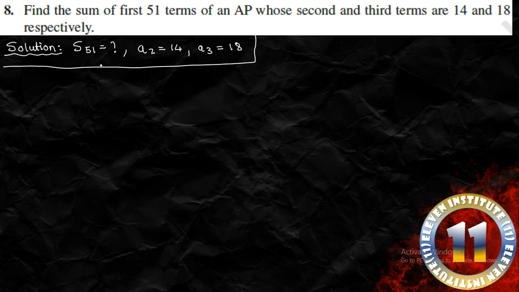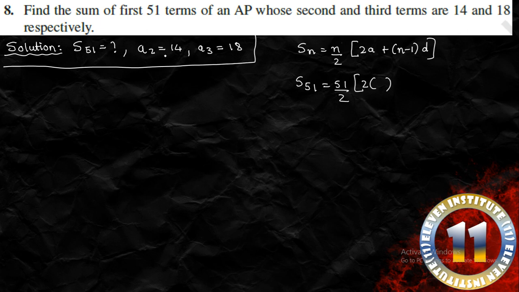Now we want to find S51, so we will definitely use the formula Sn is equal to n by 2 into the brackets 2a plus n minus 1 into d. Now we have the value of n, so instead of n we will write 51, is equal to 51 upon 2 into the brackets 2 multiplied by a.